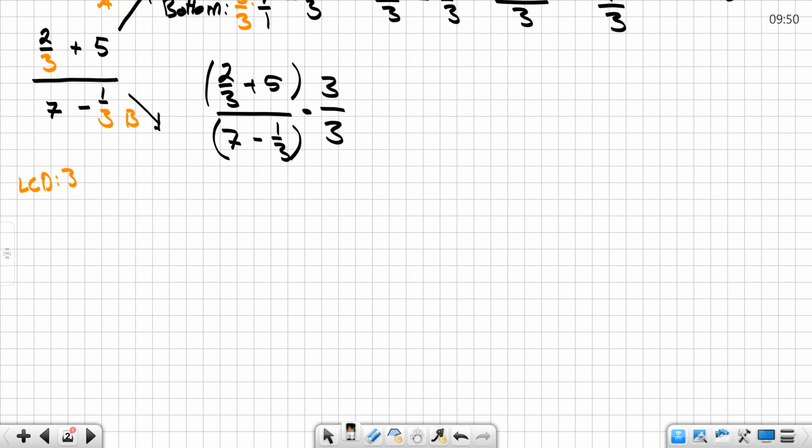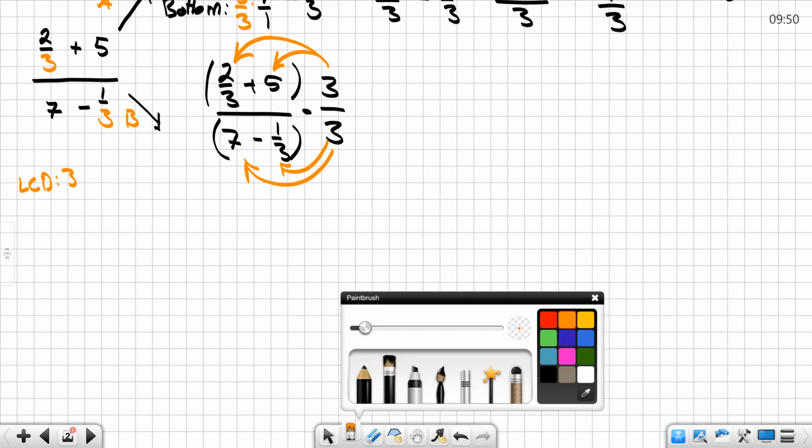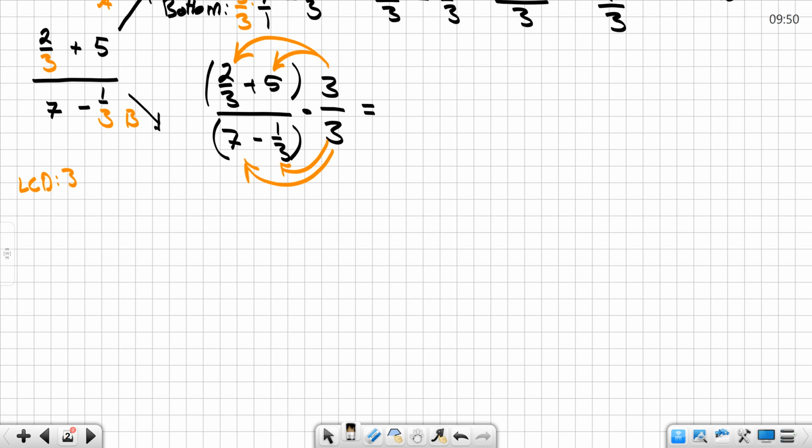Because what happens now is that this 3 is being distributed in the top and it's being distributed in the bottom. There are a lot of shortcuts that students like to take once they have got a hang of it. Let me just write down what is really happening. The first fraction, 2/3, is being multiplied by 3. 5 is being multiplied by 3. In the denominator, 7 is being multiplied by 3, and minus 1/3 is being multiplied by 3.